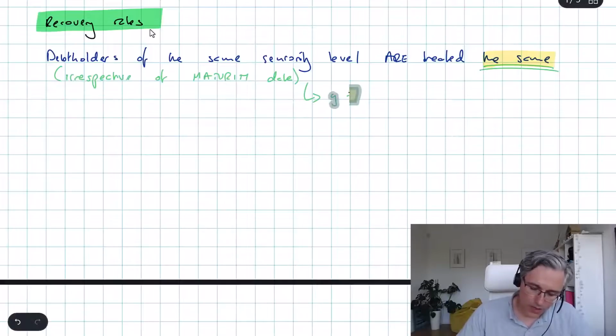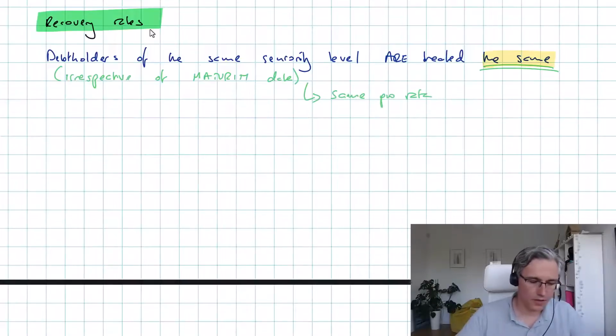So maybe not get, but they have the same pro rata, meaning proportionate to the size of their loans, claim in case of bankruptcy.